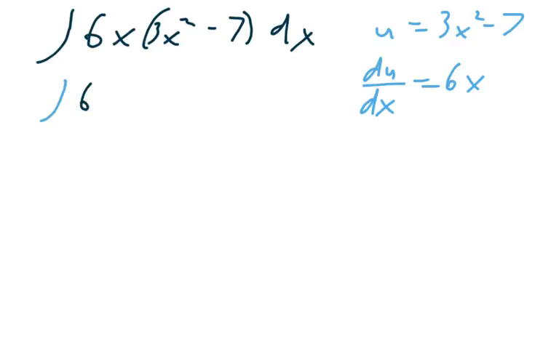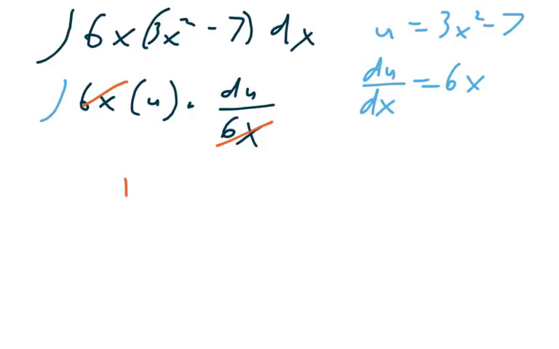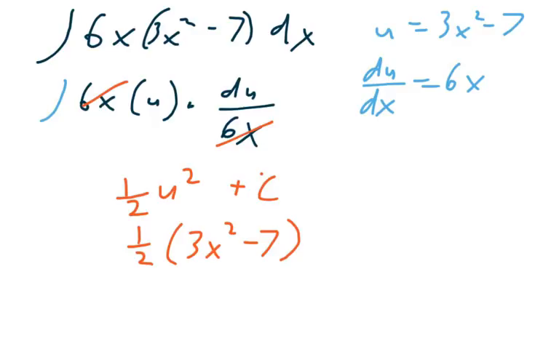So we got the antiderivative of 6x times u times du over 6x. The 6x and the 6x cancel, so we have the antiderivative of u, which is 1/2 u squared plus c. And of course, we plug back in the u to be x squared minus 7 plus c.